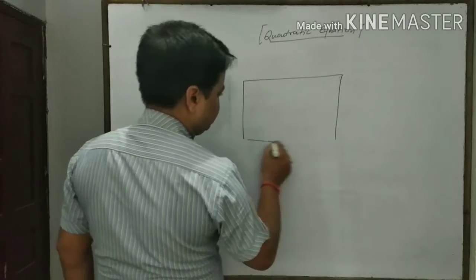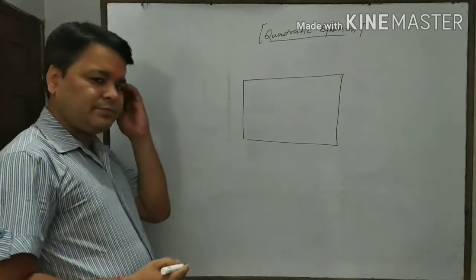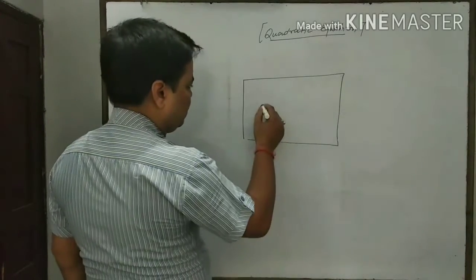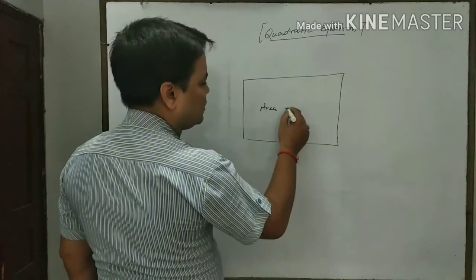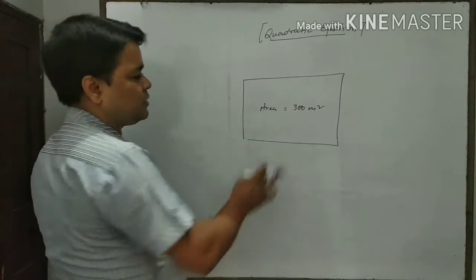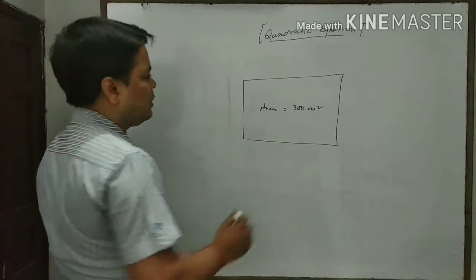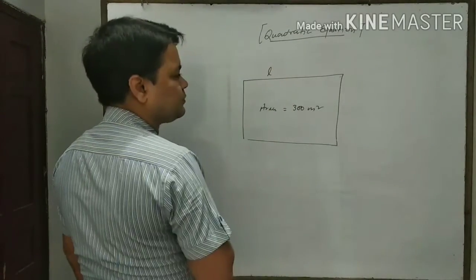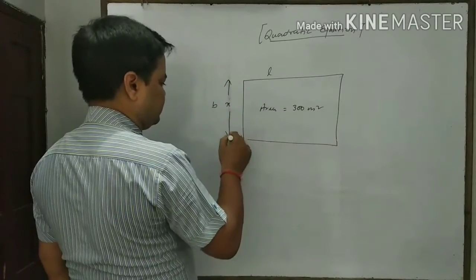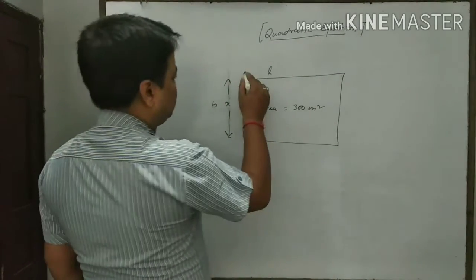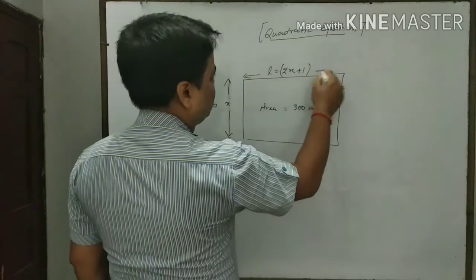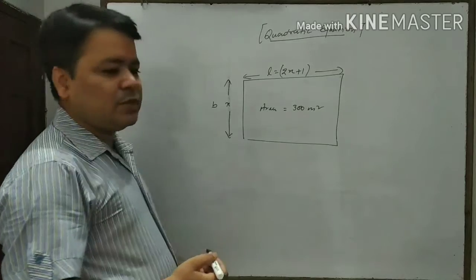If the area of this field is 300 meter square, and here is the length and this is the breadth, and if the breadth is x and the length is equal to 2x plus 1. I am giving this example because it is mentioned in your book.